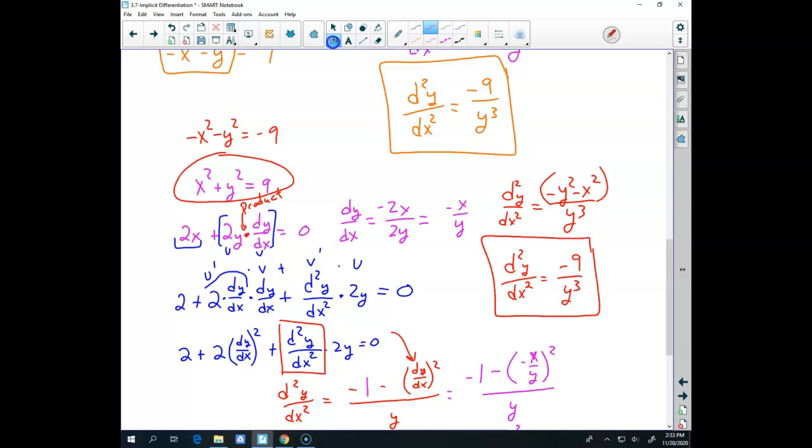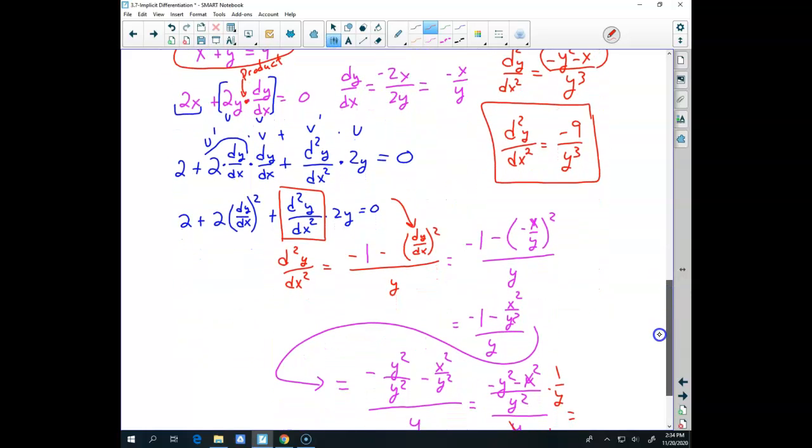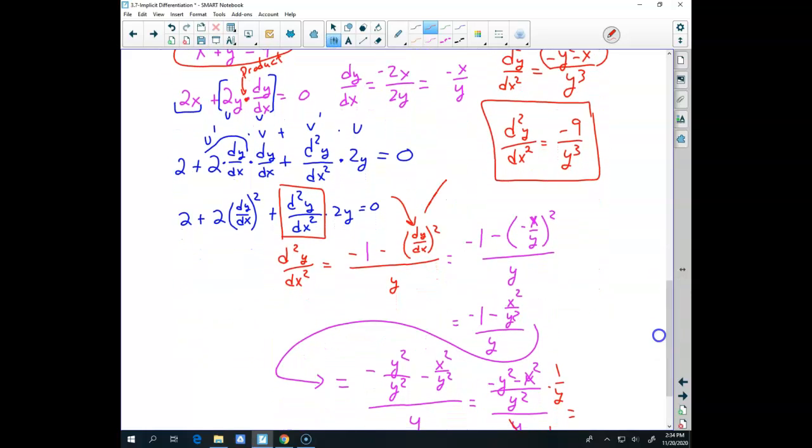You pick which one you want, okay? It really doesn't matter. Either way, you're still going to have to know your first derivative because sooner or later you got to plug it in, because the first derivative times the first derivative is the first derivative squared, and that's what this says right here.